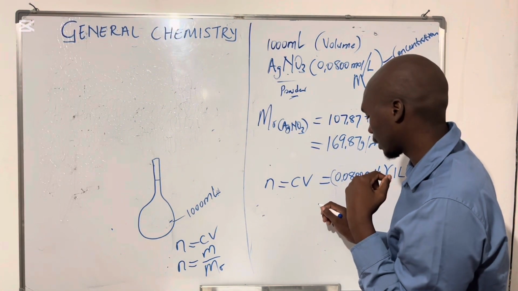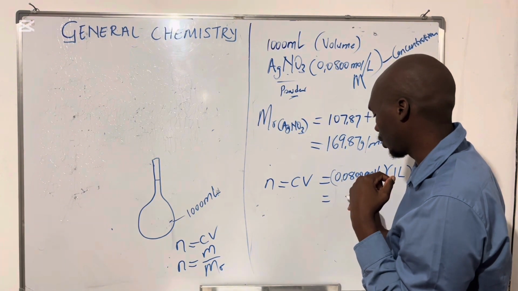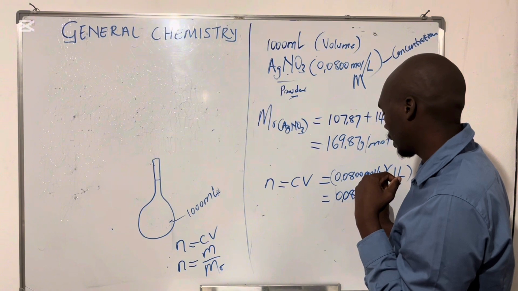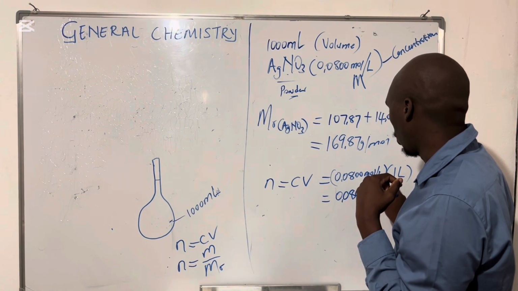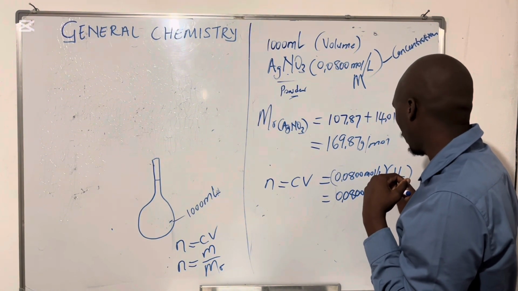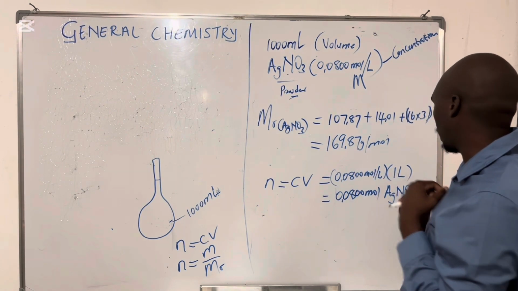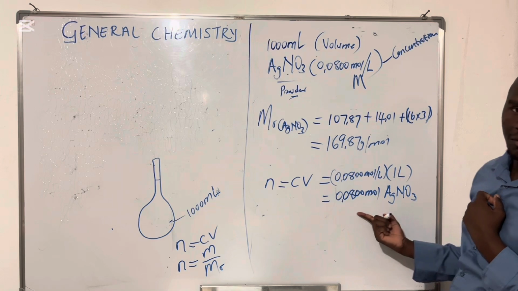From there, the number of mole is going to be 0.0800 mole of AgNO₃. So this will be the number of mole.